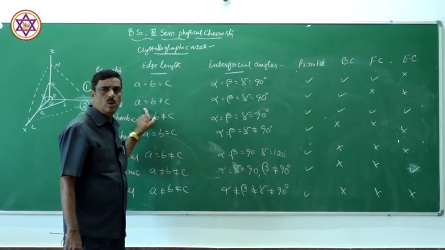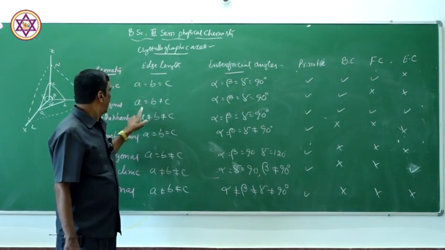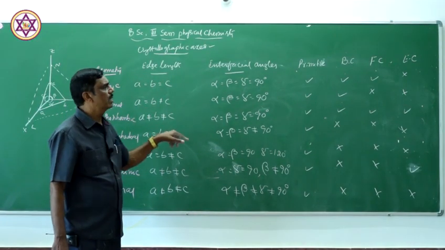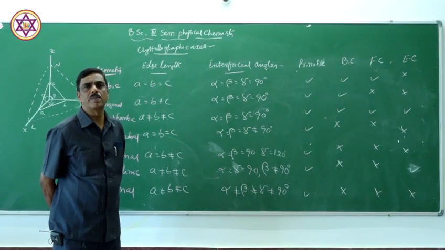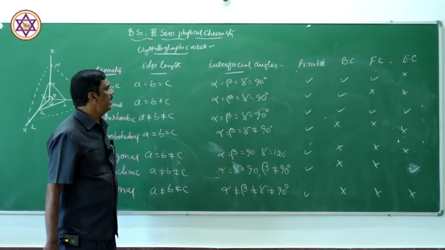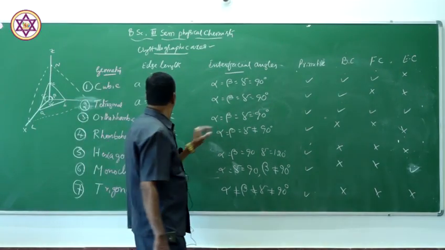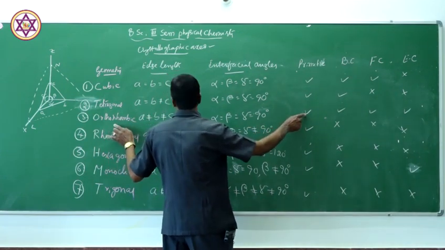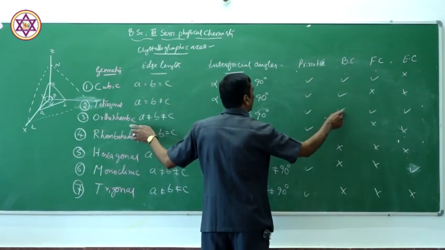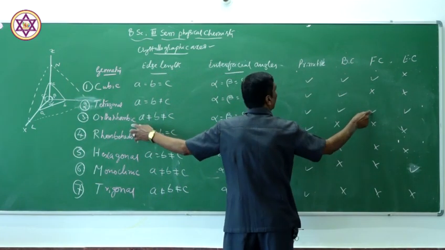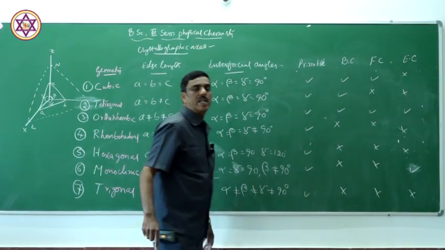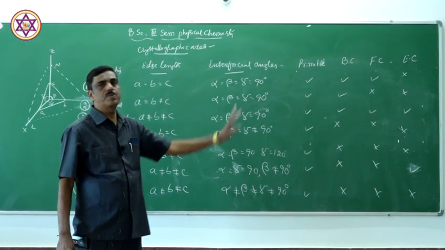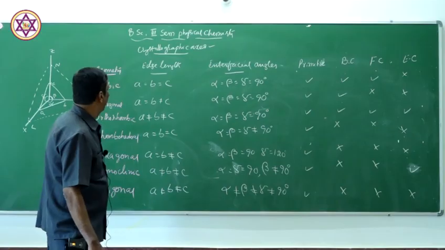In case of orthorhombic, all the 4 exist: primitive orthorhombic, body centered orthorhombic, face centered orthorhombic, and edge centered orthorhombic. All the 4 types of Bravais lattice are present.